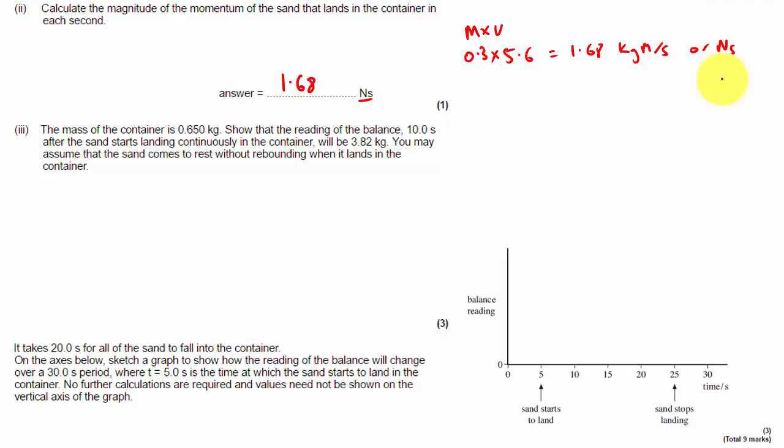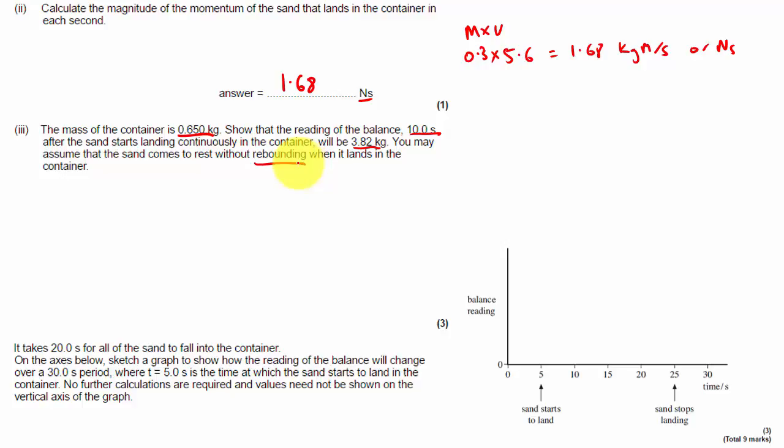Right. Next step. The mass of the container is 0.650 kilograms. Show that the reading on the balance after 10 seconds of sand landing continuously on the container will be 3.82 kilograms. You may assume that the sand comes to rest without rebounding.